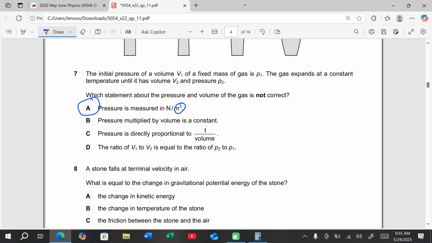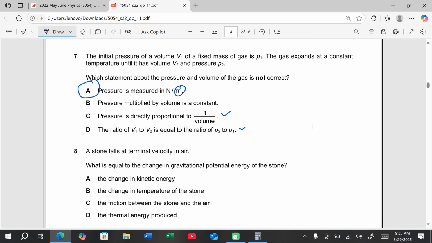So that's A. Let's see why the other ones are wrong. Pressure multiplied by volume is a constant. Yes, that is correct. Pressure is directly proportional to 1 over V. That's also correct. The ratio of the volume V1 to V2 is equal to the ratio of P2 to P1. That's also correct. So only A is incorrect.